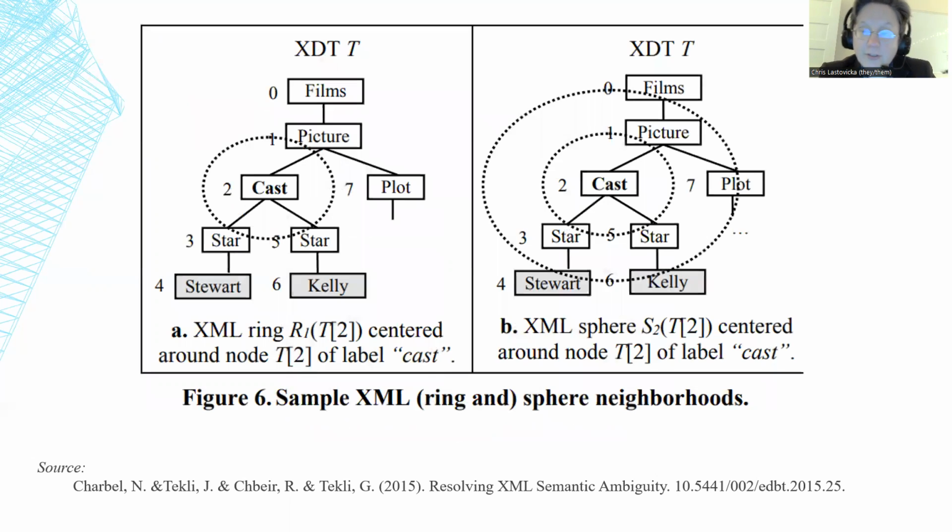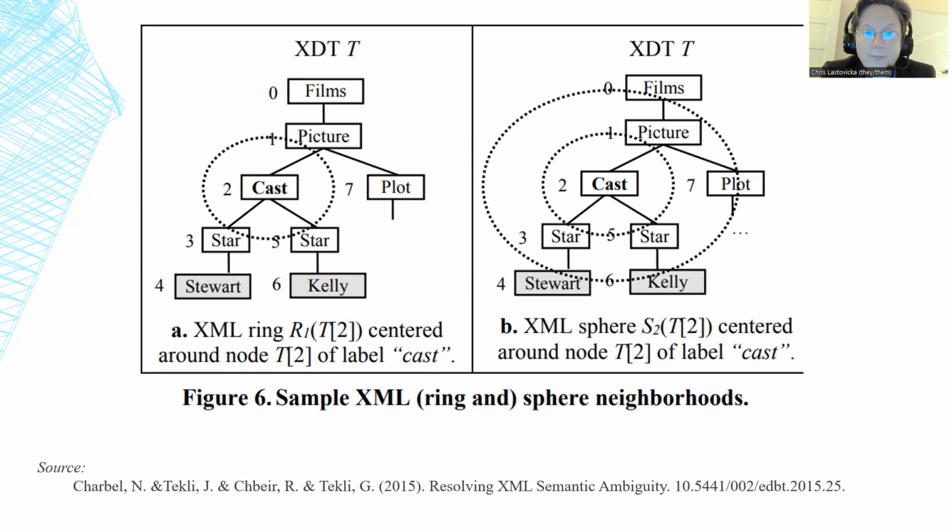Here is a diagram of the sphere neighborhoods. In this diagram, the target node is cast. On the left, there is a circle around cast that is a ring, literally.